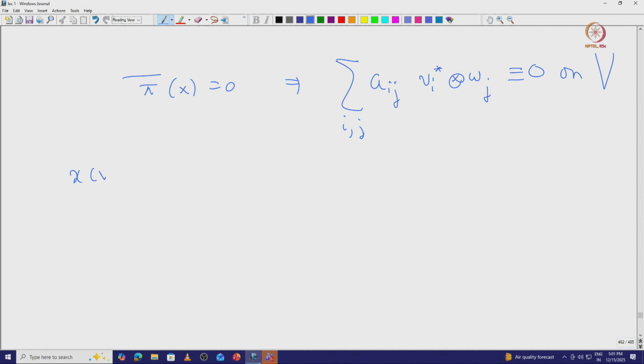So, x of V k is going to be exactly the summation of A i j V i star tensor W j applied to V k.